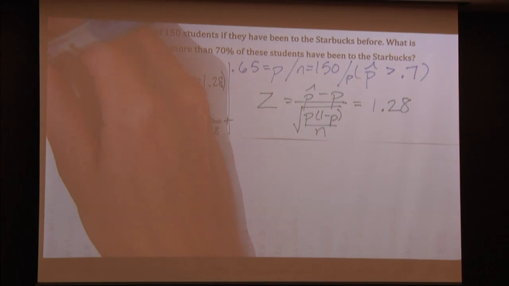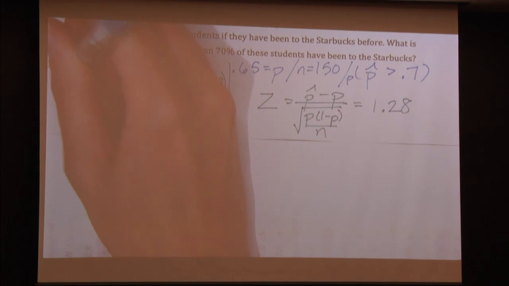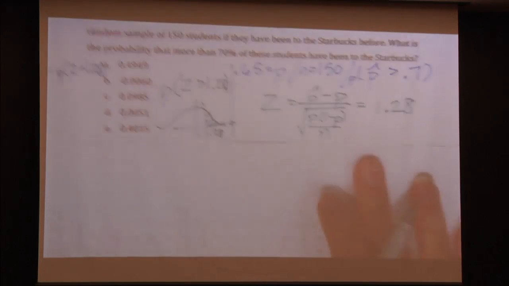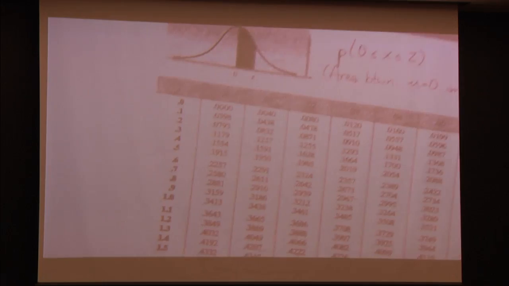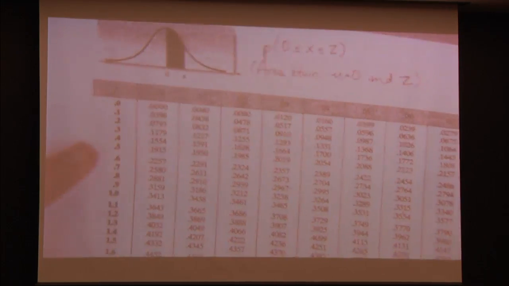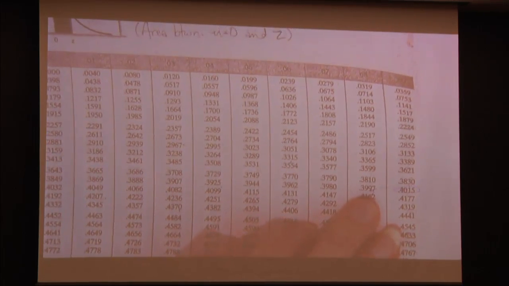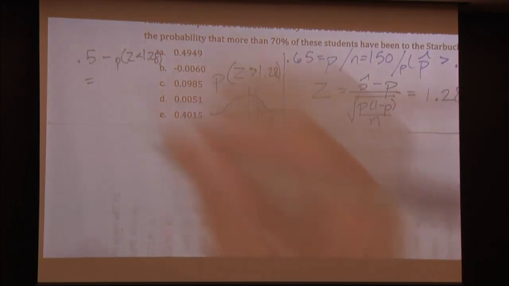So we do 0.5 minus that probability we get from our z-table. Brings back that rule of symmetry we were talking about earlier. Pull up our table. Go 1.2 over here, skim over to the 0.08 column, so we get 1.28. We get 0.3997.